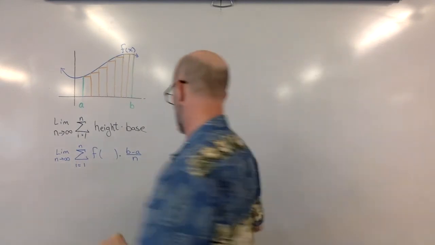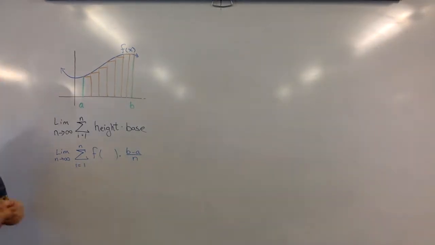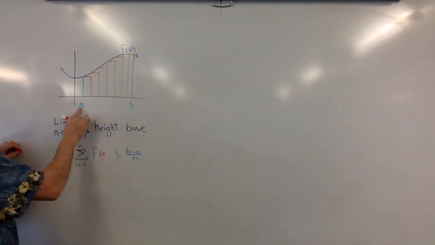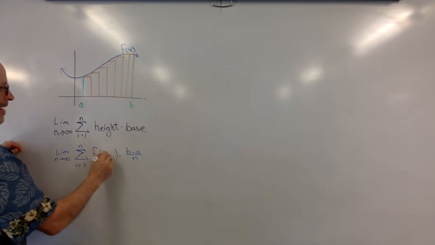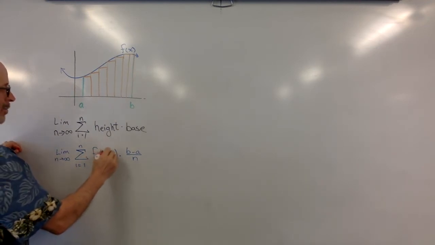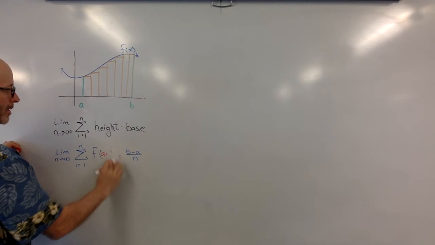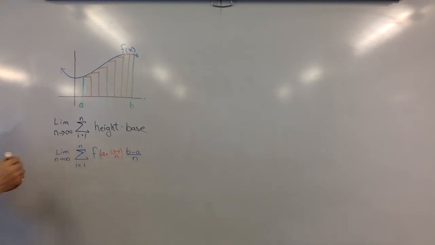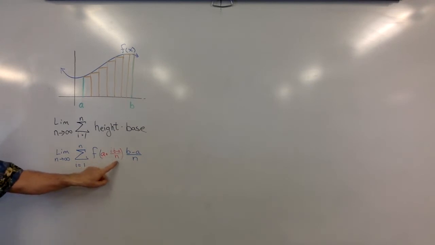Now, when we're doing this with these lovely little summations here, you always start from your leftmost point, and then each time I want another rectangle, each time I want to find the height of the next one, I'm going to add the width of each rectangle.